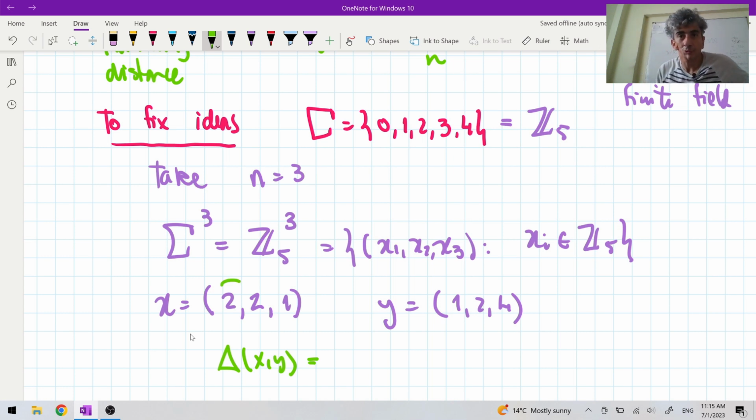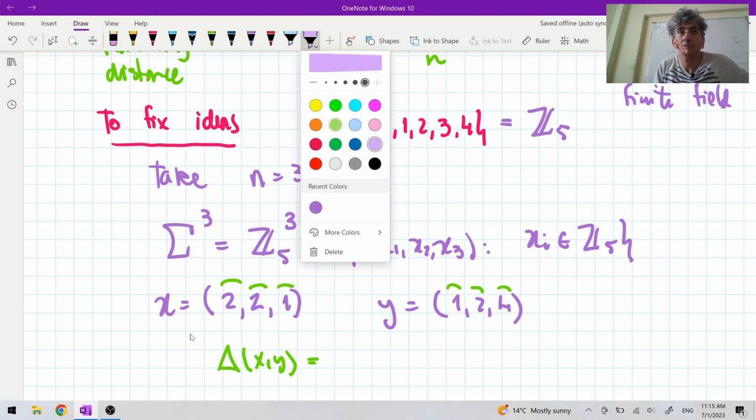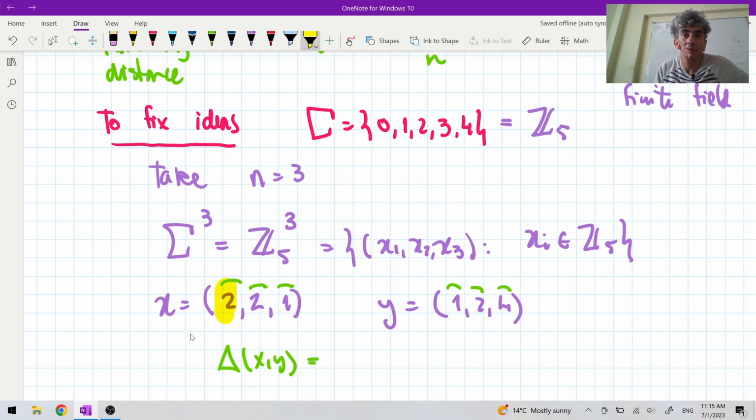First slot, different. That gives distance at least 1. The second slot is the same, but the third slot is different again. So they have Hamming distance of 2. Simple as that.